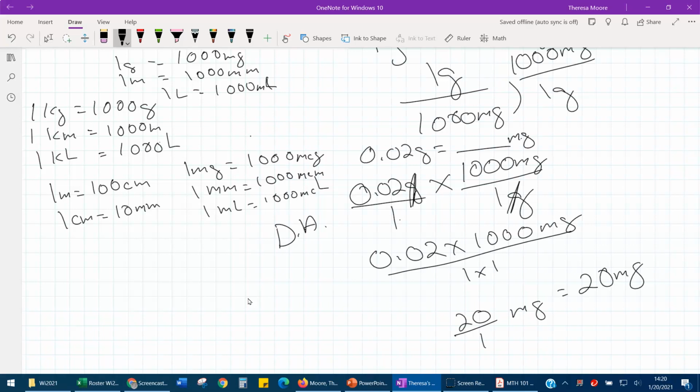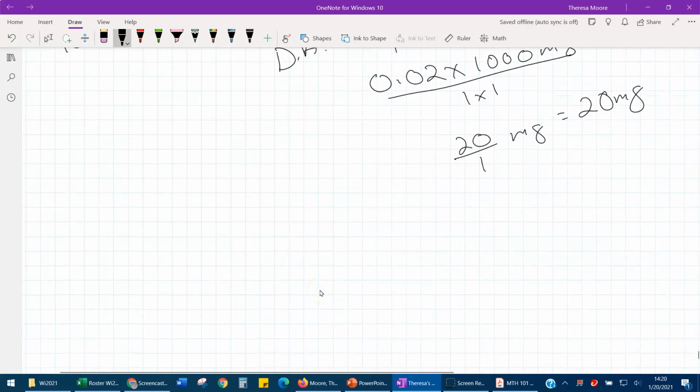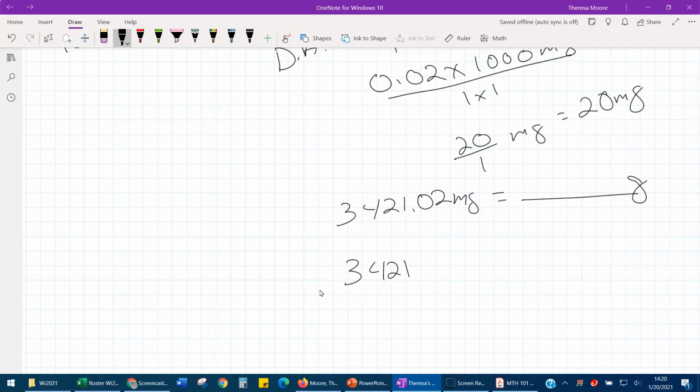Say we have 3,421.02 milligrams. And I want to know how many grams that is. So I take my 3,421.02 milligrams over 1, multiply it by the conversion factor now that has the milligram on the bottom and the gram on top. 1 gram is 1,000 milligrams.